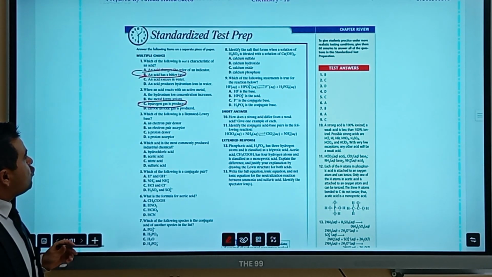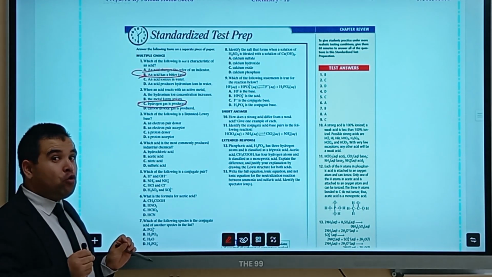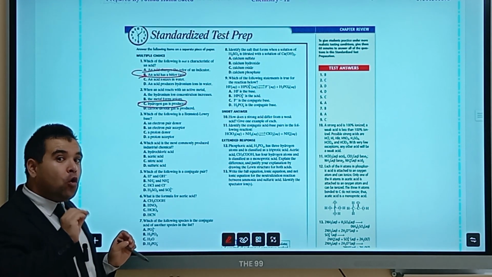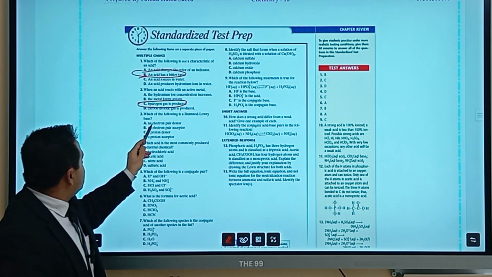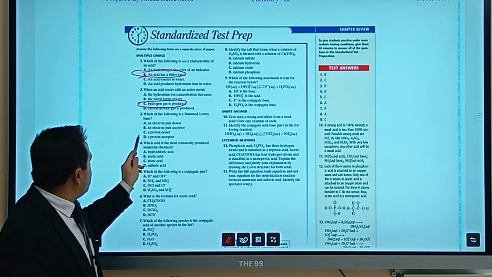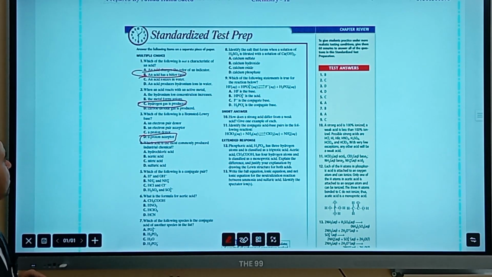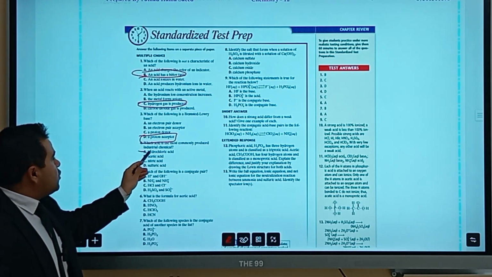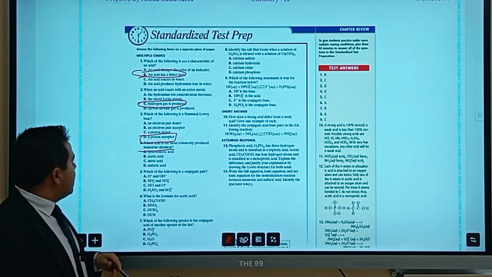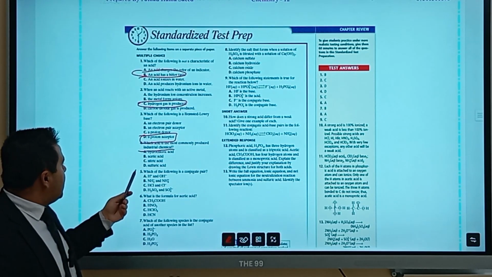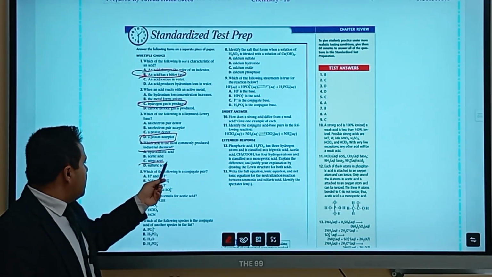Which of the following is a Bronsted-Lowry base? Bronsted-Lowry base, a proton acceptor, not an electron pair, a proton acceptor. D is the correct answer. Which of the following is the most commonly produced industrial chemical, guys? Of course, this is the most industrial chemical.